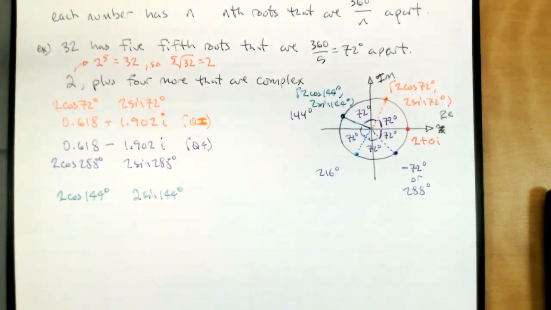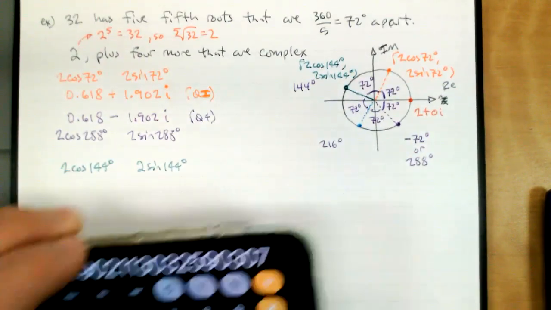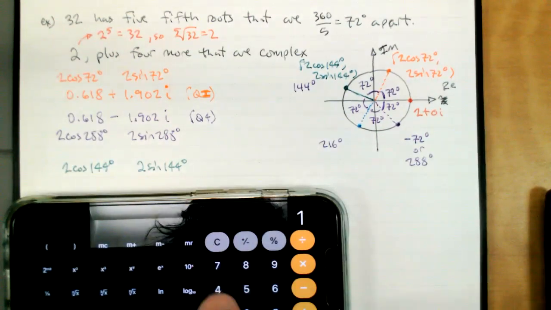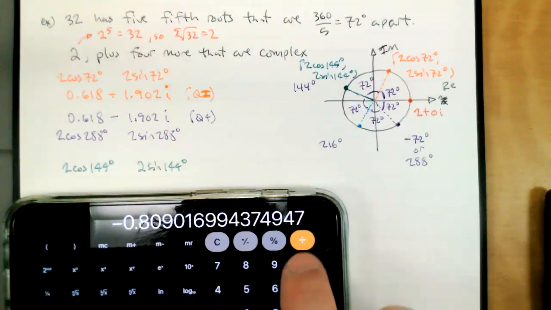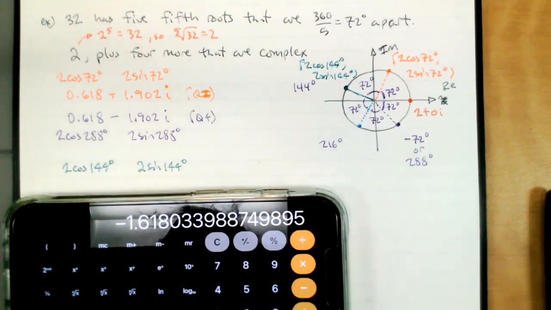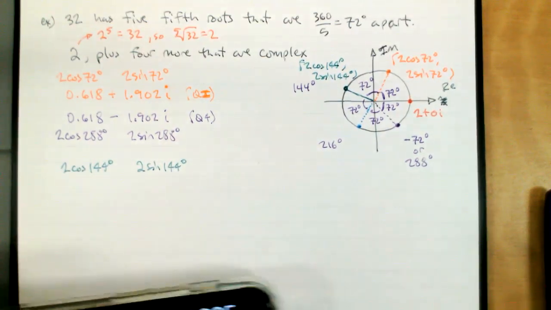So this is going to give us our root in quadrant 2. I need cosine times 2. We get negative 1.618. We expected that.